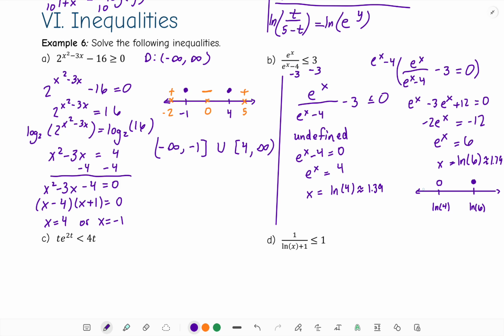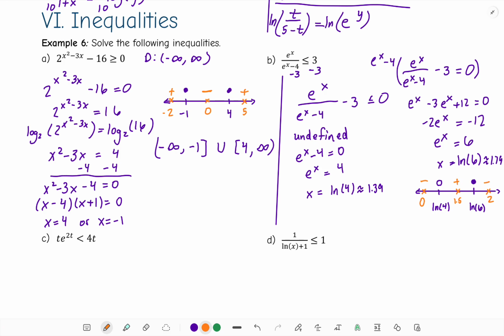Now we will pick our test points, which I think 0 is a good one, 1.5 is another good one, and then 2 is a good one. And when you plug those in, you get negative, positive, negative.